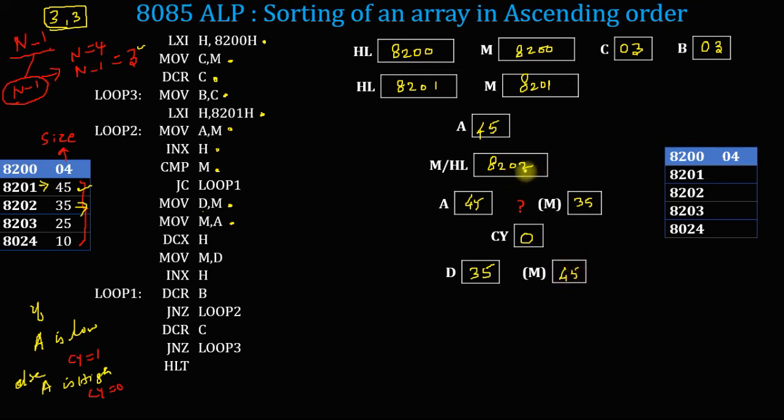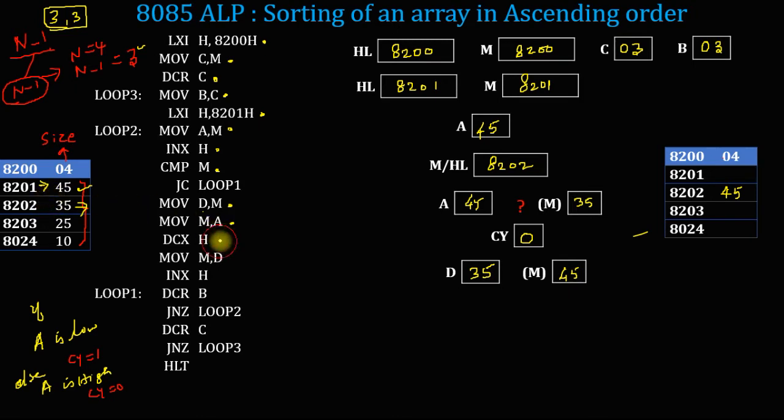Now M is nothing but 8202. So the bracket of M means the address location indicated by the memory pointer, where we are moving the value 45, right? See, this 45 is now moved to this location. So 35 should be moved to the other location. How do we move this content into that location?